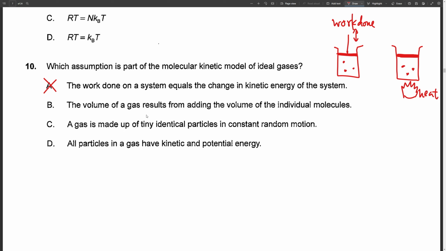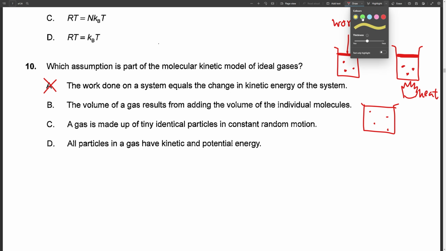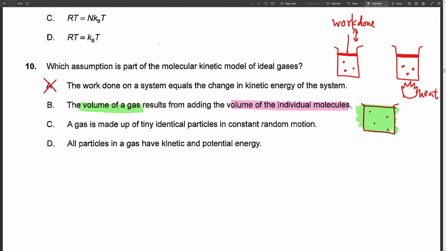Option B suggests that the volume of the gas is the volume of the individual gas molecules adding up. Which means it suggests that here we have some gas particles, and the volume of the gas, which means the whole volume of the container, is the sum of the volumes of individual molecules.